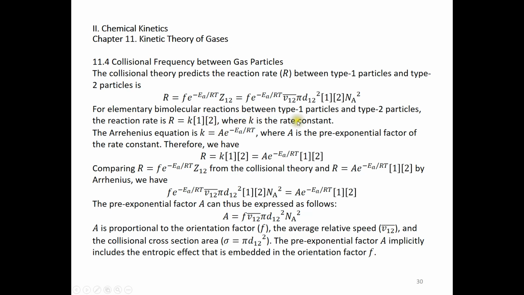k is the rate constant. Using the Arrhenius equation, k is A, the pre-exponential factor, times the energy factor, e to the power of negative activation energy over RT.